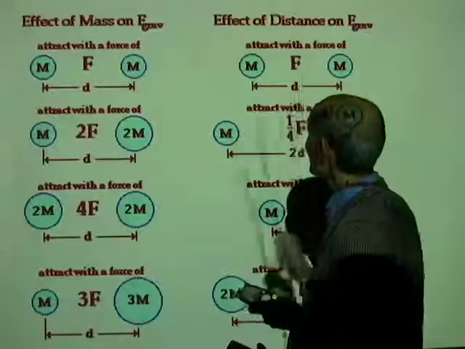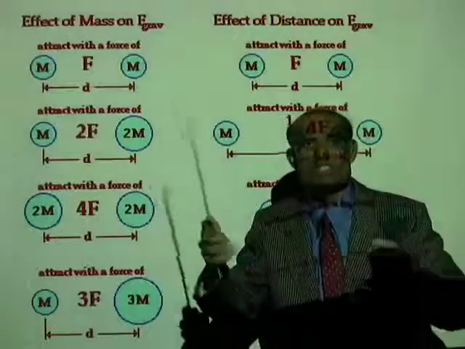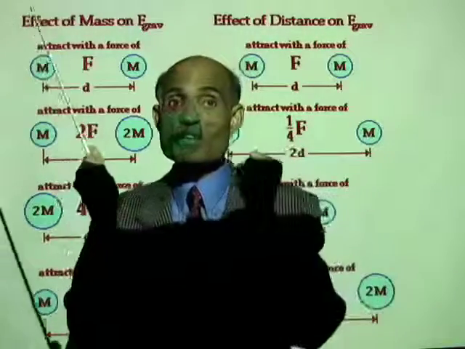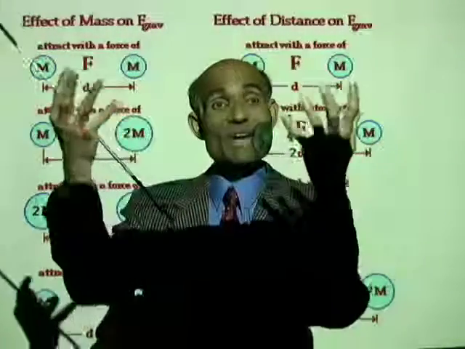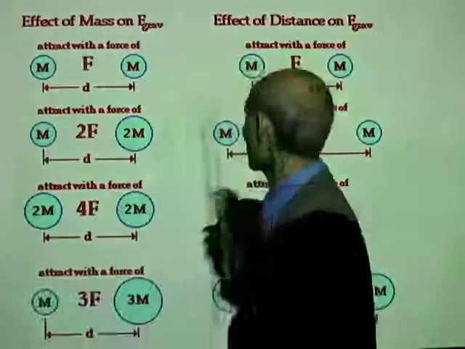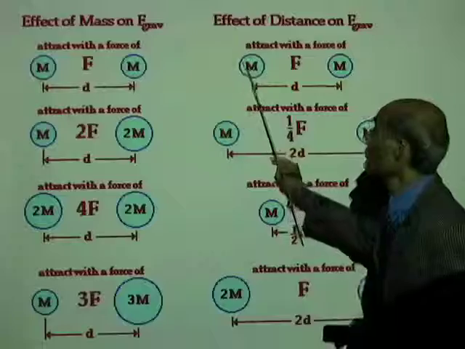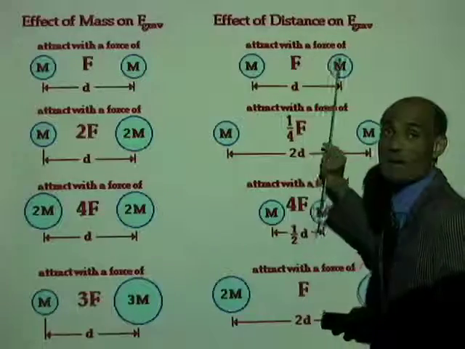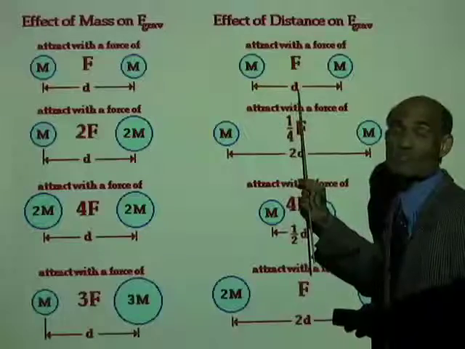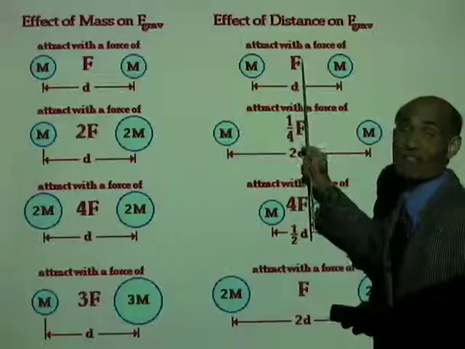Alright, now let's see what happens if you change the distance between them. Well, as the distance decreases, the force will increase. Now the question is, by how much? The force between a mass m and another mass m separated by a distance d is 1F.